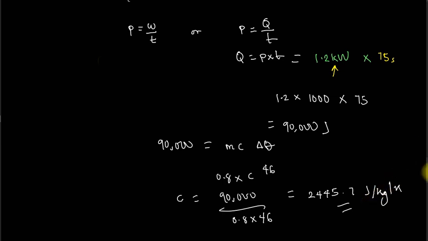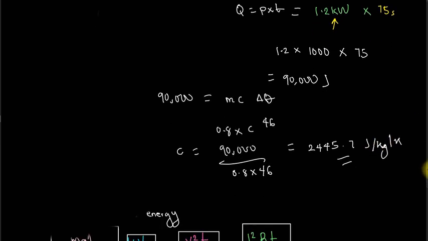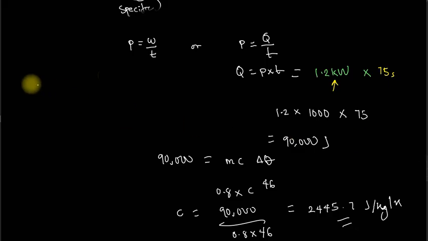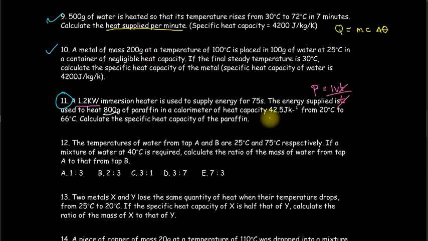Now while solving, I actually realized that we had a relationship between specific heat capacity, c, and what? Heat capacity. What was the relationship? Heat capacity is equal to what? mc. That means they give us heat capacity and they give us mass, which means with that alone we should have been able to find the specific heat capacity.